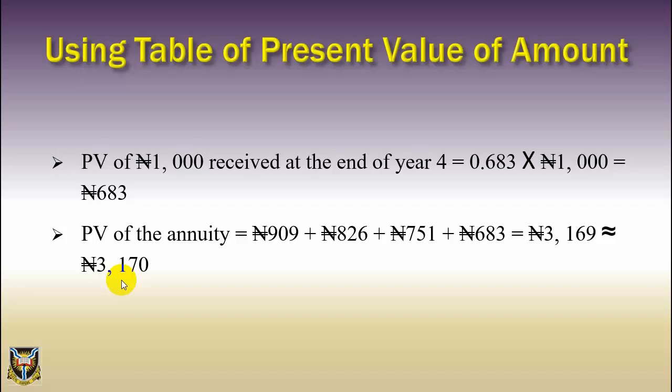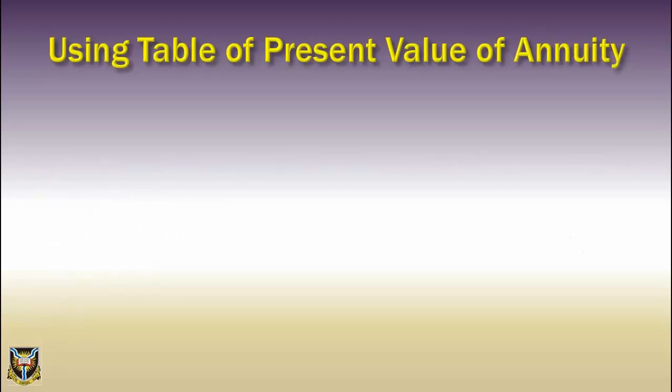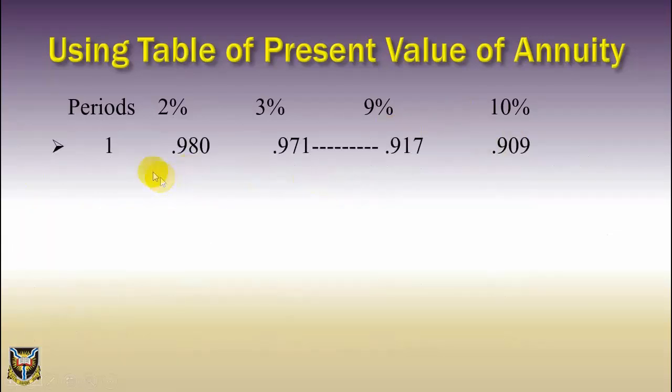L. Using table of present value of annuity. Periods 2%, 3%, 9%, 10%. Period 1: 0.980 at 2%, 0.971 at 3%, 0.917 at 9%, 0.909 at 10%.